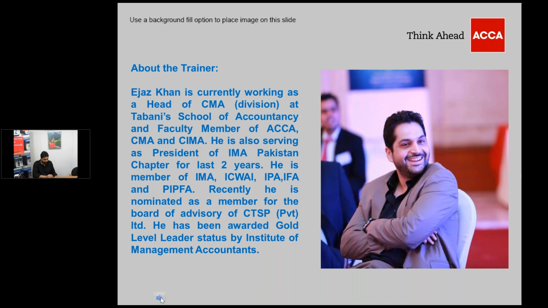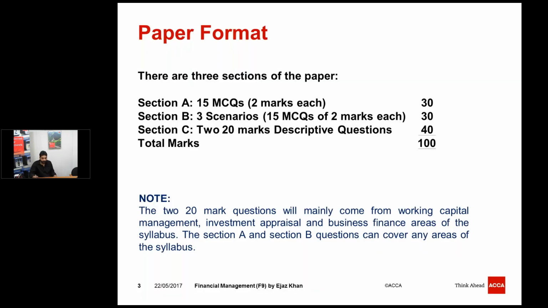Now let me introduce the subject of F9. Before we start this session, I would like to discuss the paper format so that you know what type of paper you will be facing in the exam. Well, the F9 paper will have 3 sections.